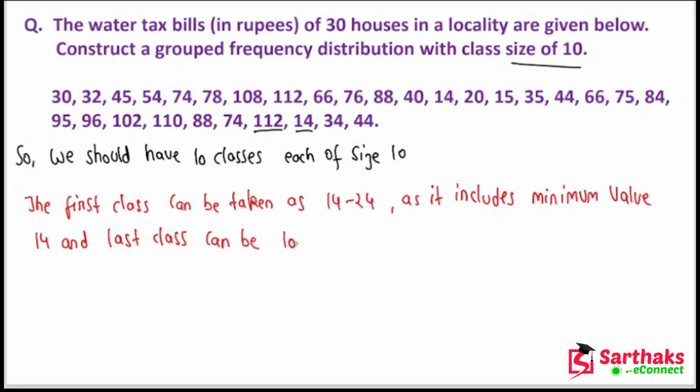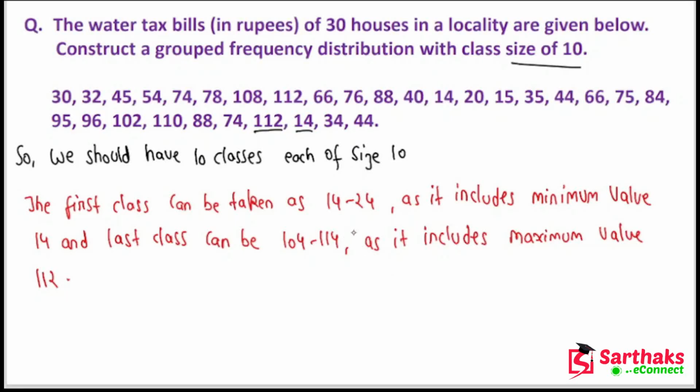So the last class can be 104 to 114, as it includes the maximum value 112, right? So the first class can be taken as 14 to 24 as it includes minimum value 14, and the last class can be 104 to 114 as it includes maximum value 112, right? So in this way you can make the classes.